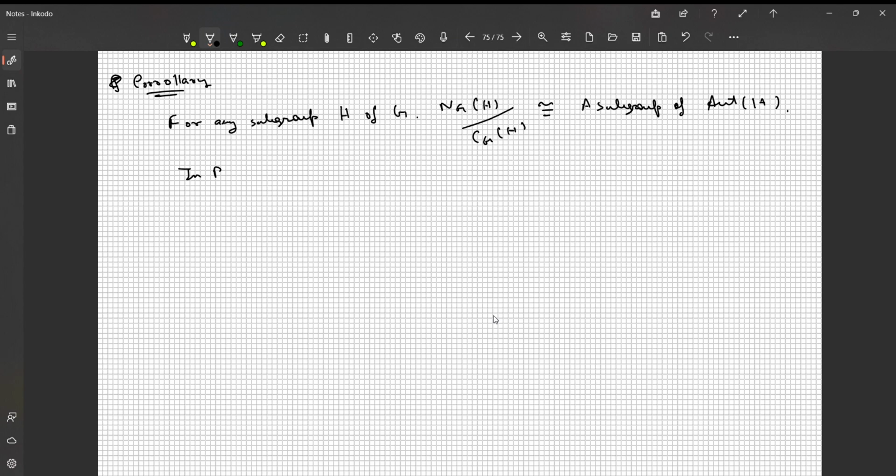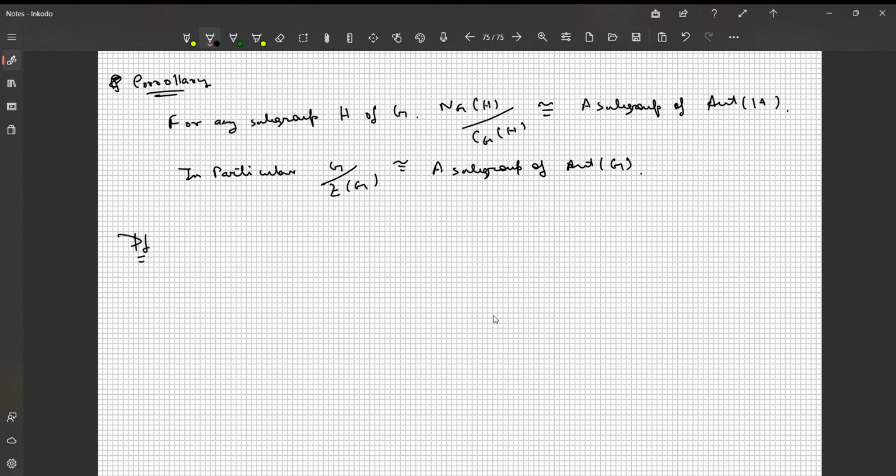In particular, G mod the center of G is isomorphic to a subgroup of the automorphisms of G. Okay. So how do we prove this?